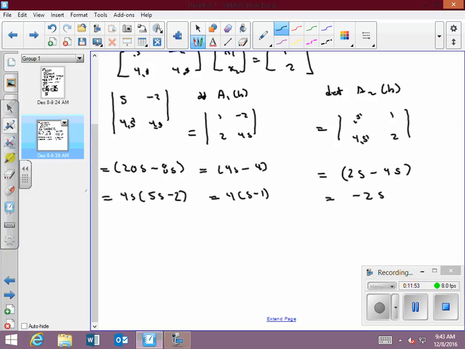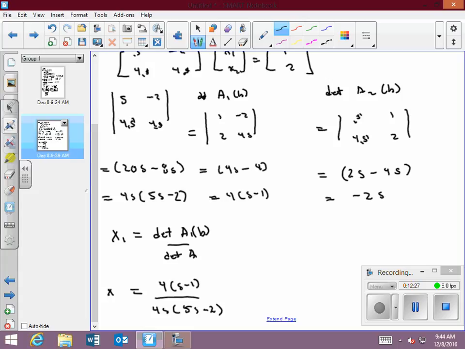So then x1 equals the determinant of A1(b) over the determinant of A. A1(b) is 4 times s minus 1, and the determinant of A is 4s times 5s minus 2.